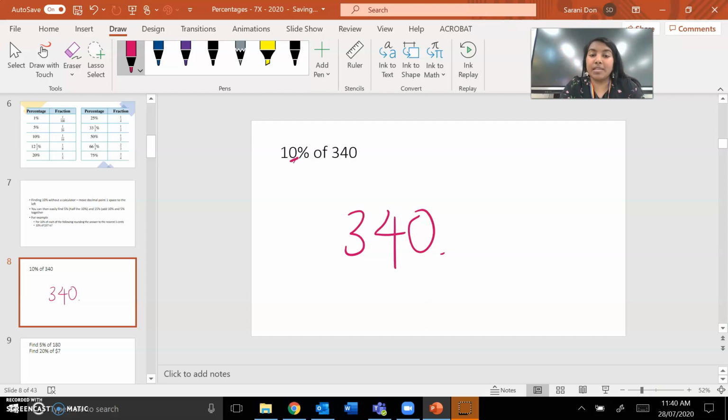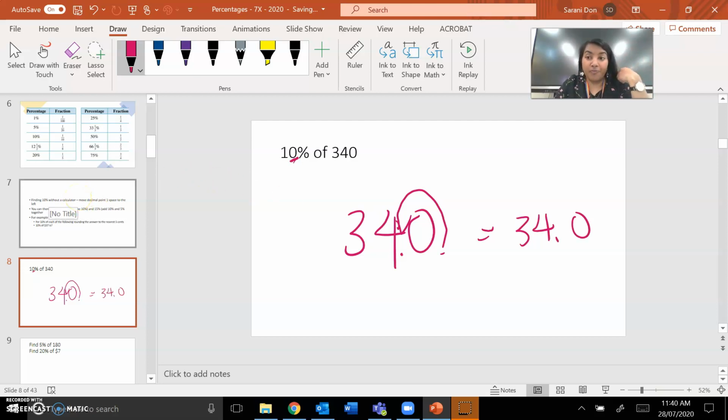Because it's 10%, it's only 1 0, you move the decimal place once, which is equivalent to 34.0. So 10% of 340 is 34. So finding 10% of a number is easy. You just move the decimal place once.